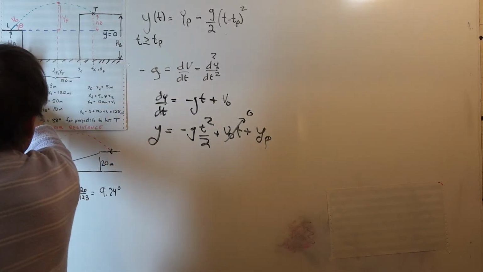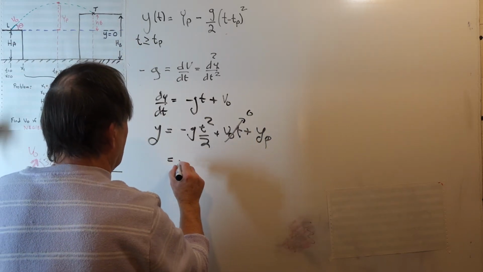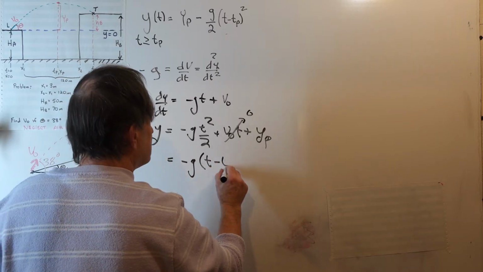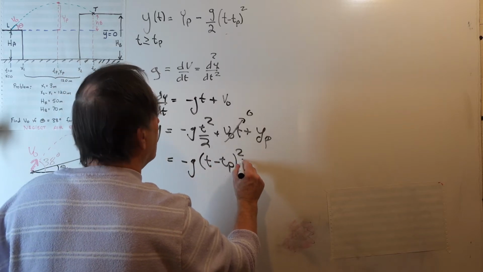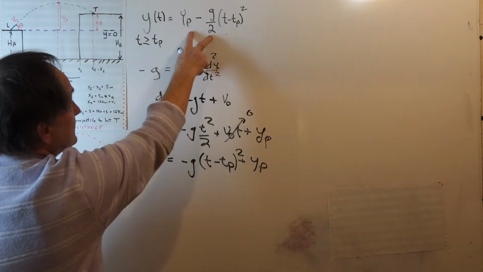So when putting in terms of time from the initial time we start, we are going to write this as minus g over 2 times t minus t peak squared plus y peak. And that's the equation we have here.